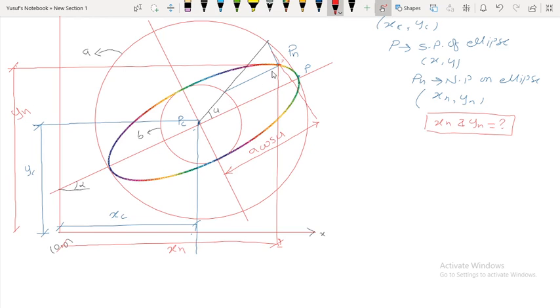Similarly, this vertical length will be equal to B sine u. If you consider this small triangle, this angle is u, it is a 90-degree triangle, and the hypotenuse is B. This length is opposite to the angle, so you will get B sine u.